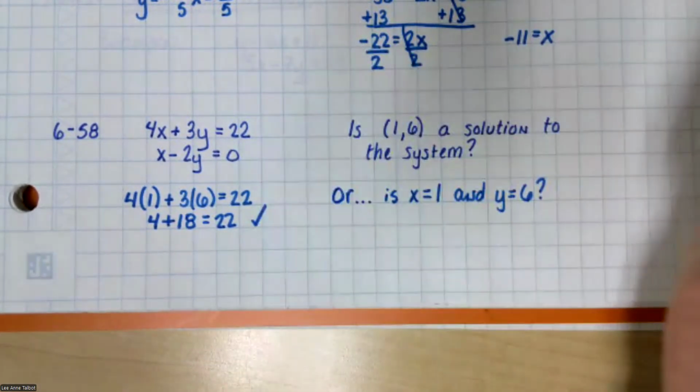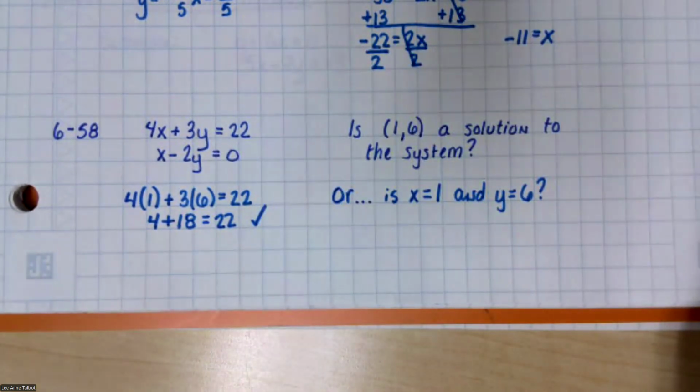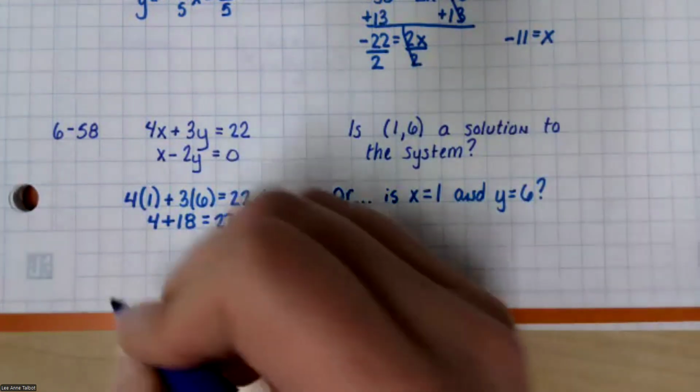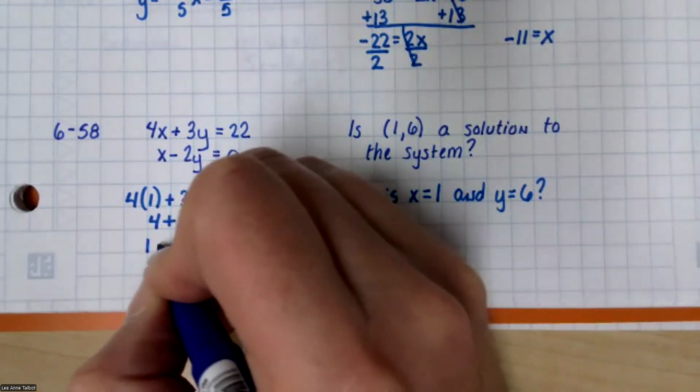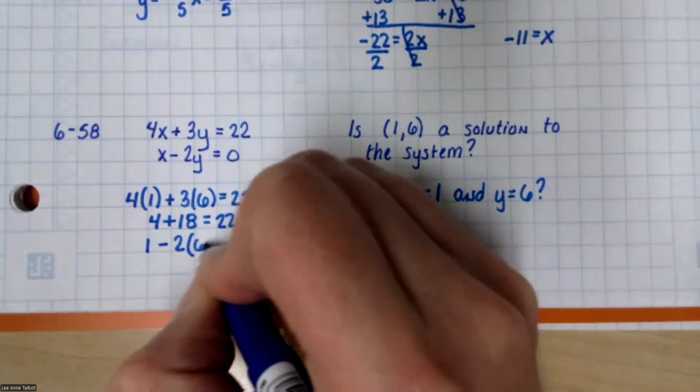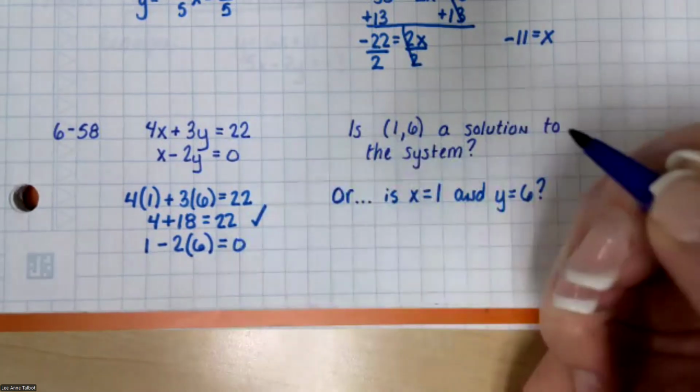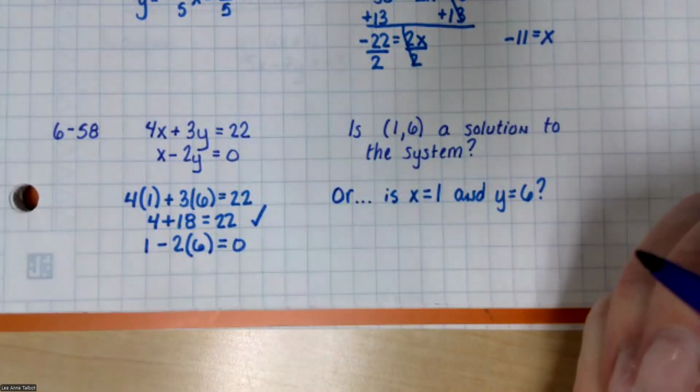Yes. Okay, now we have to see if it works in the other one also. 1 minus 2 times 6 equals 0.